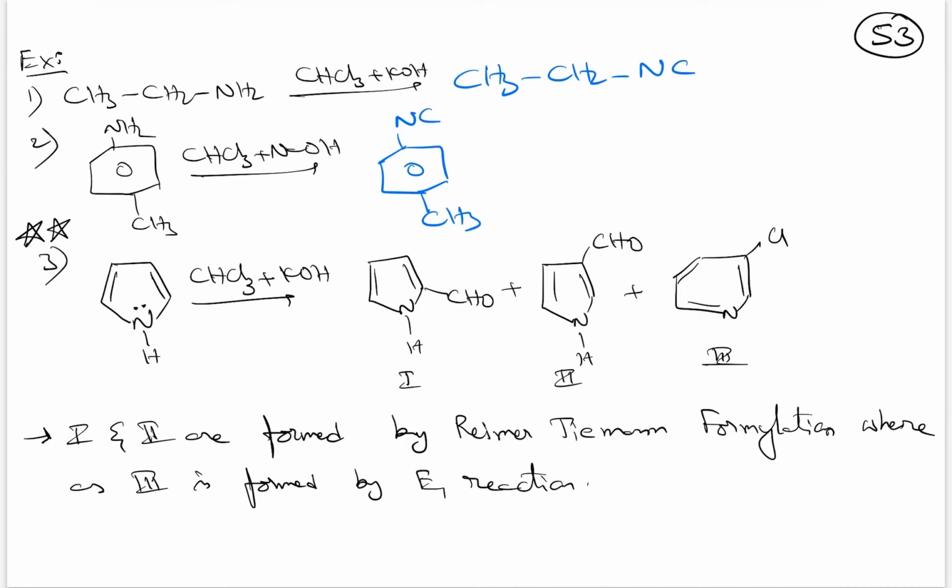Understand it carefully. This is the similar reagent used during the Reimer-Tiemann formylation reaction, if you remember. So formylation will happen and give the first and second products, but the third product, 3-chloropyridine, also forms in this reaction, and it is due to a ring expansion, an elimination reaction.